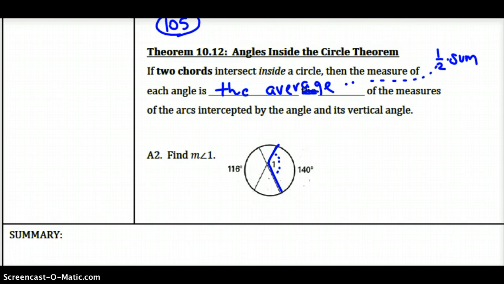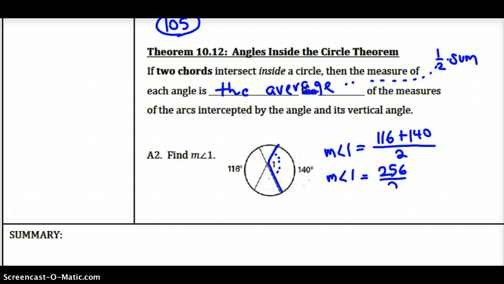So we're going to say the measure of angle 1 is equal to the average, so the sum, times 1/2 or divide by 2. So this gets the measure of angle 1 equals 256 divided by 2, which comes out to be 128 degrees. So this angle is 128, and this angle is 128 because of vertical angles.